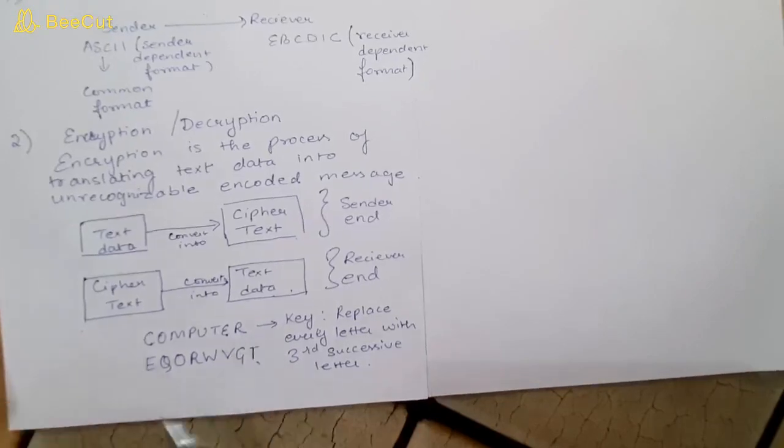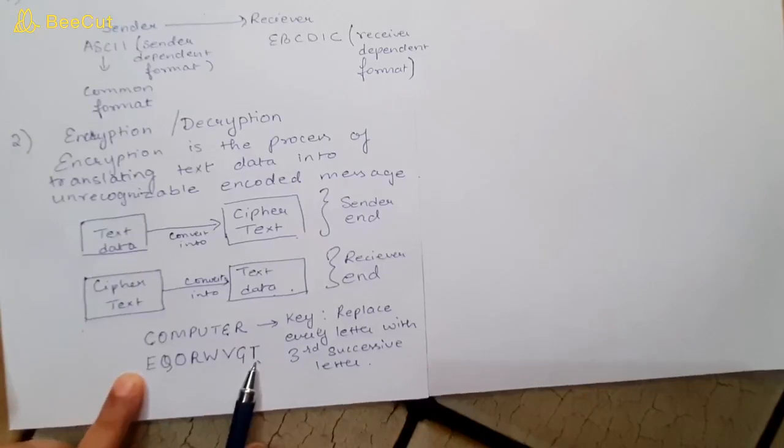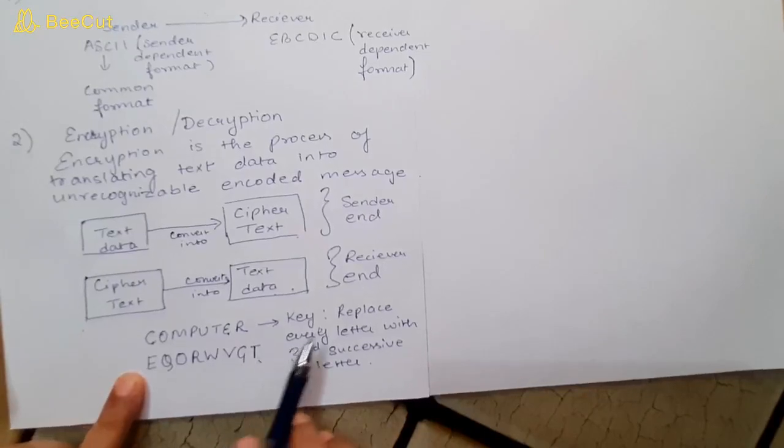This is a very easy method which we have used as the key, but there are so many methods to convert the plain text into the ciphertext. So this is encryption, and the same method is used at the receiver end. He will receive this as the ciphertext. He'll use the same key.